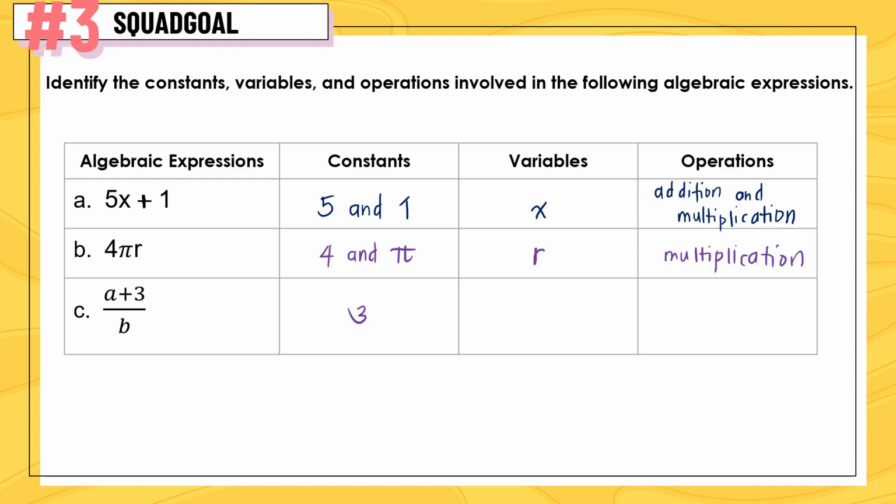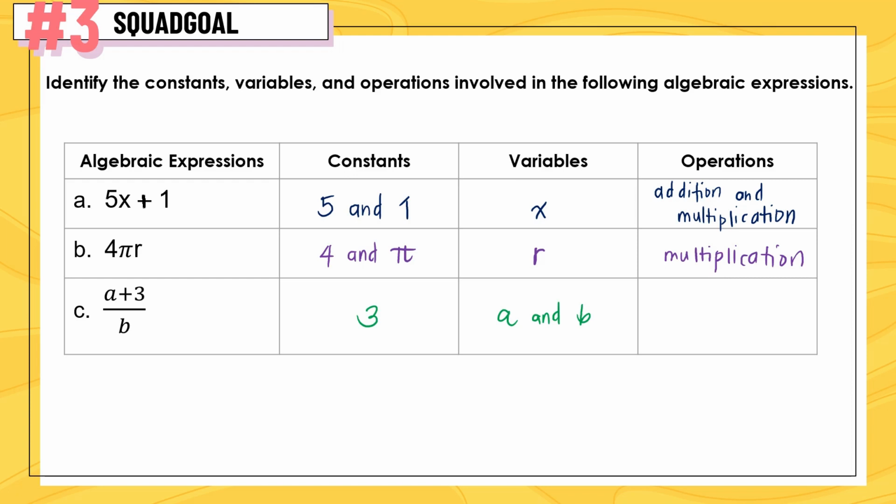Positive 3. Okay, let me use another color. I like it to be green. For the variables, we have A and B. And so there you have it.